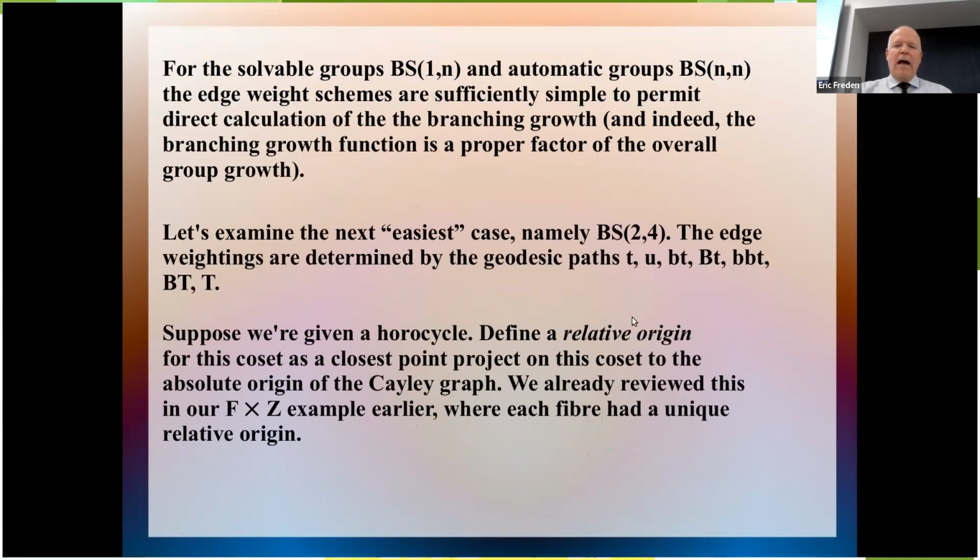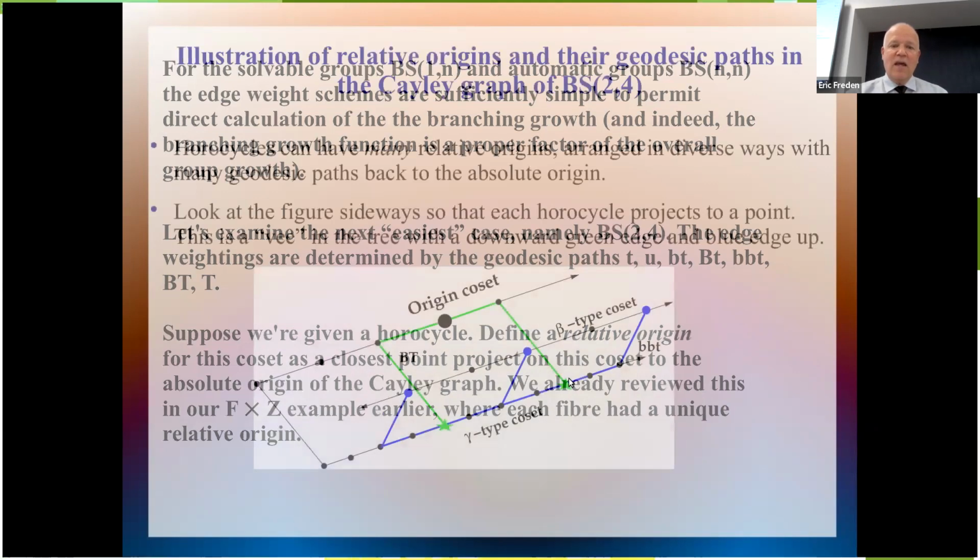So when we talked about the infinite cyclic group as the fiber in the 3 group across the infinite cyclic group, each one of those fibers had a unique closest point projection from that fiber to the root of the tree. There was one unique closest point projection. That's the number 0. In BS24, that's not the case.